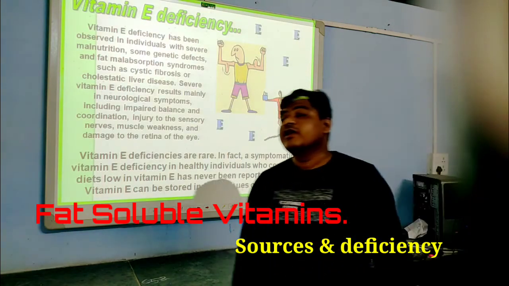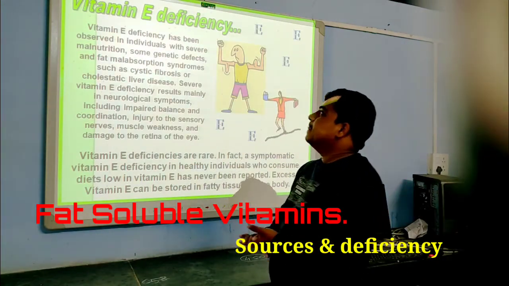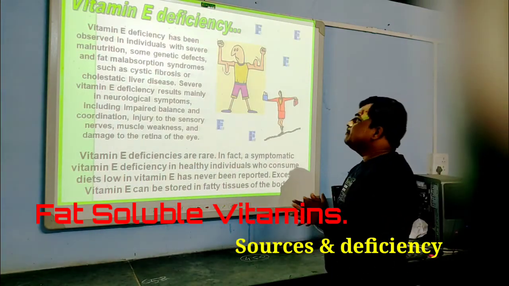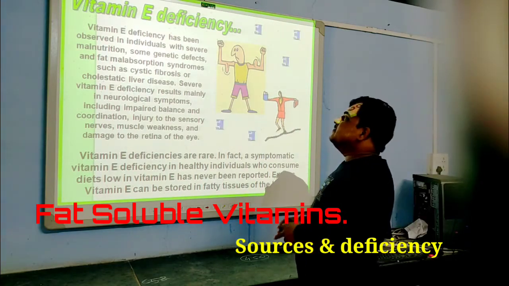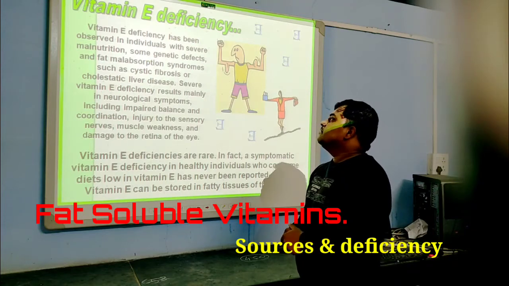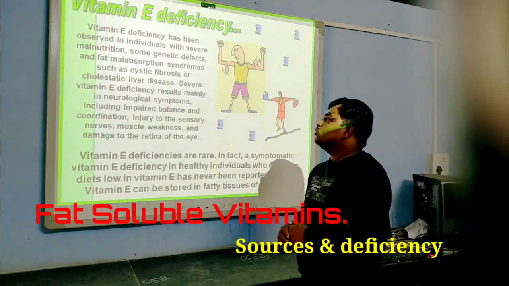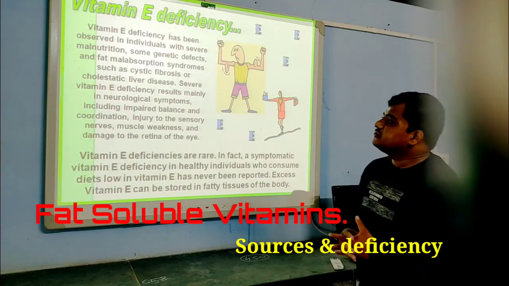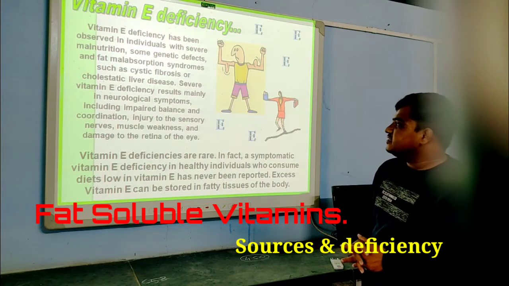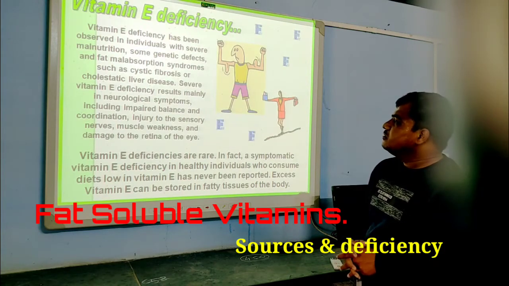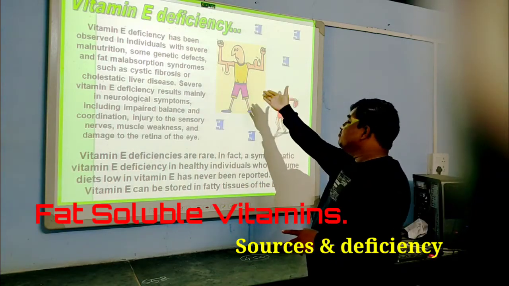Then the next is the deficiency of vitamin E. You can see here, vitamin E deficiency has been observed in individuals with severe malnutrition, some genetic defects, and fat malabsorption syndromes such as cystic fibrosis or cholestatic liver disease. Severe vitamin E deficiency results mainly in neurological symptoms, including impaired balance.